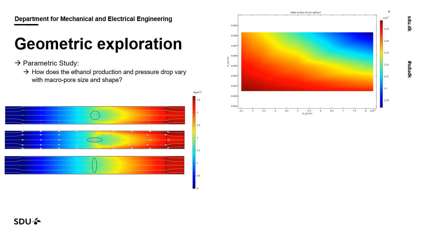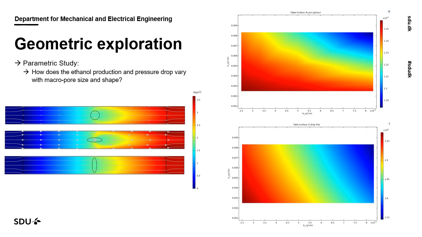We have more ceramic, more space for the yeast to react with the glucose. The pressure drop similarly is highest at this point, but of course we are interested in the lowest point, which is for the largest fluid macro pore, which again makes sense.